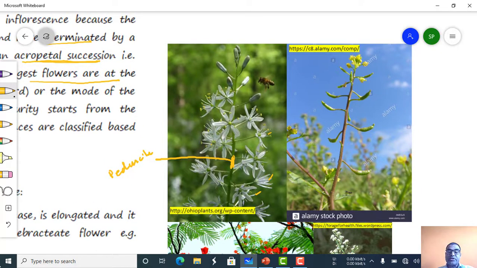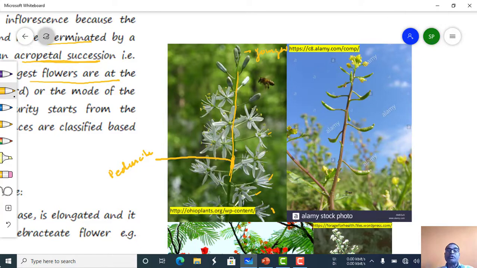What is acropetal succession? Here the first flower is present at the base, while younger flowers or flower buds are present at the apex region. And one more thing, this main axis of the inflorescence never terminates into a flower.